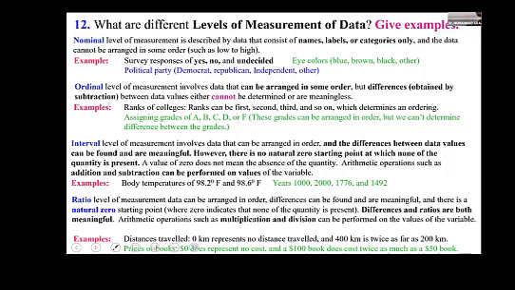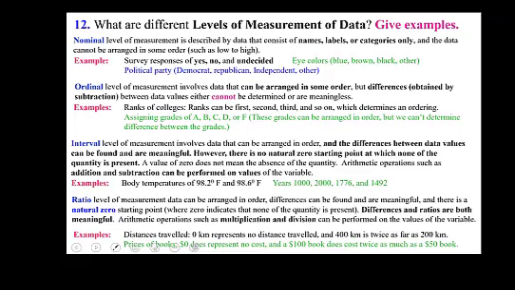And the last one, ratio level. Ratio level of measurement data can be arranged in order, differences can be found and are meaningful, and there is a natural zero starting point where zero indicates that none of the quantity is present. Differences and ratios are both meaningful.